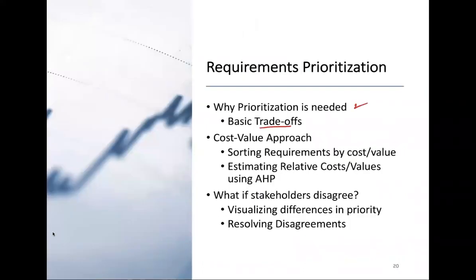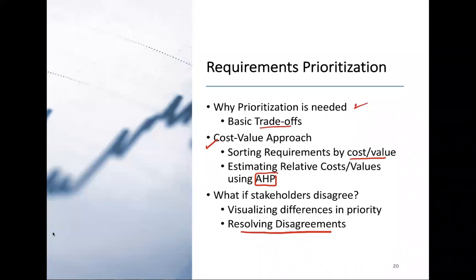In addition, I will focus on the cost value approach, which could be either sorting requirements by cost and value, or estimating relative cost and value using what we call the AHP method. And then, what happens when requirements or stakeholders disagree? That means we do have a conflict. I will also talk about different ways of resolving this disagreement. Keep in mind that more details will be provided when we talk about requirement management.